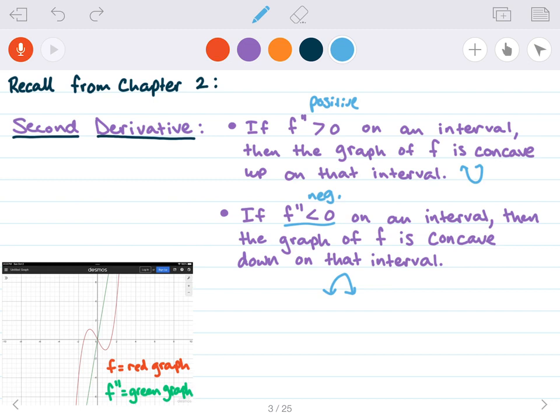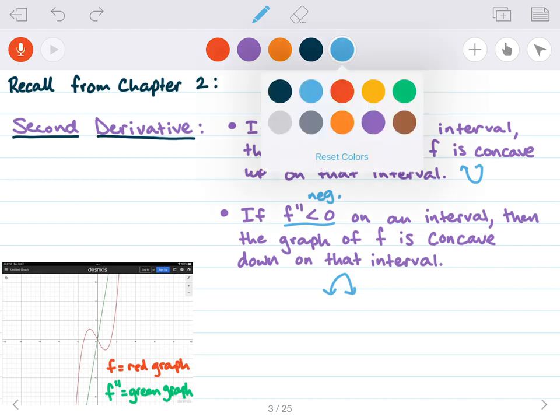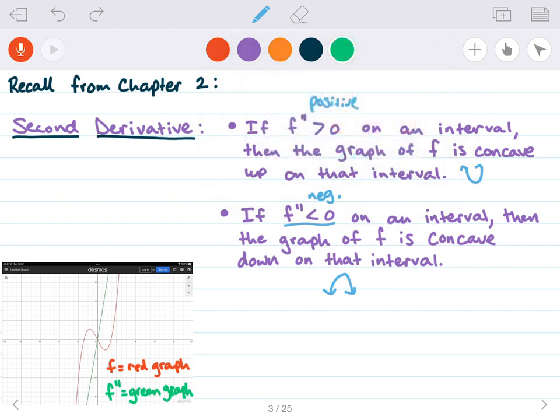Here, the red graph, again, is just our normal f of x, and the green graph is the second derivative. And so let's analyze this. We can see that the second derivative is below the x-axis all the way till x equals 0. What does that correspond to in the original function? It corresponds to concave down, right?